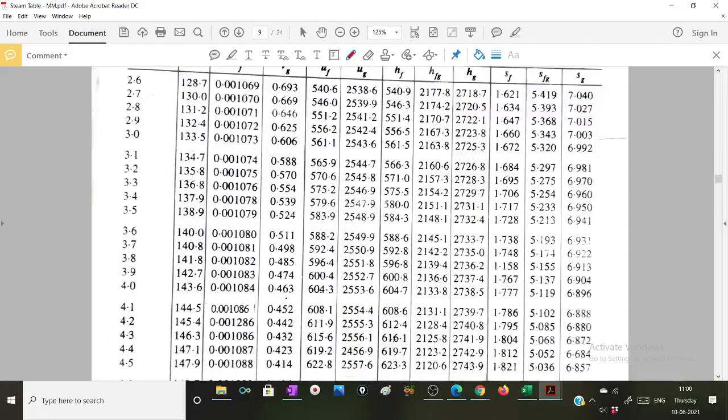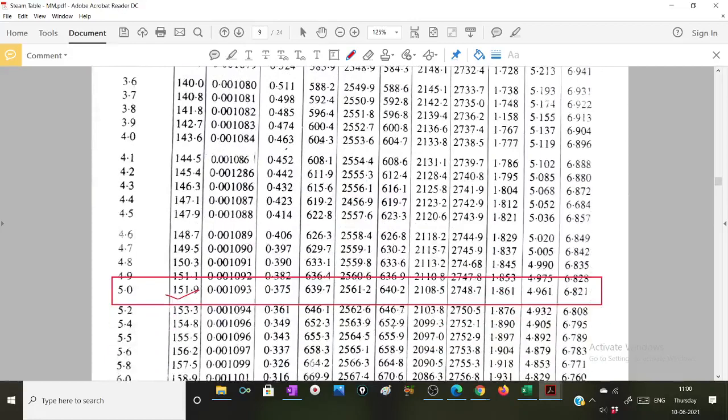These three properties. 640.2 will be hf, 2108.5 will be hfg, and 2748.7 will be hg.